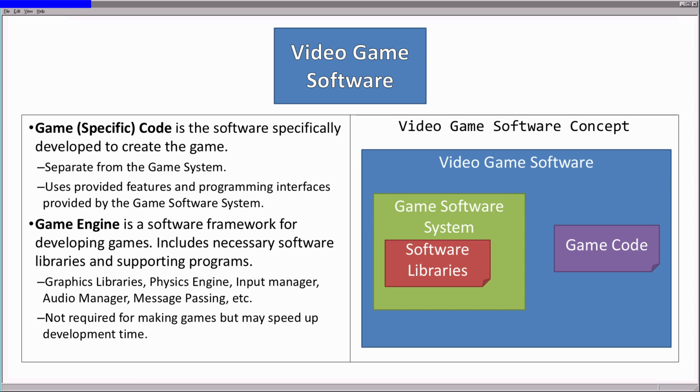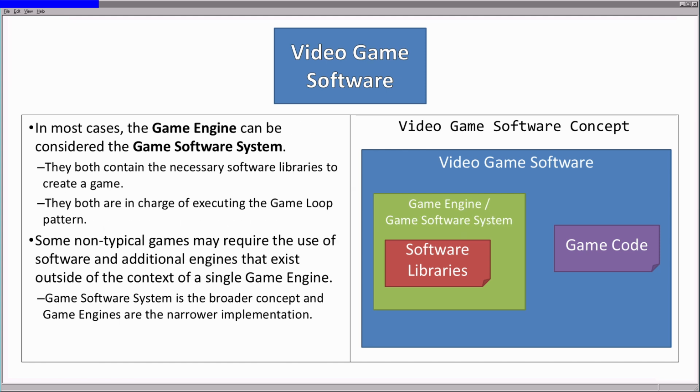A game engine is a software framework that is used for developing games, and it includes necessary software libraries and programming support. The engine contains graphics libraries, physics engines, input managers, audio managers, message passing, and etc. As mentioned, a game engine is not required for making games, but it may speed up the development time.